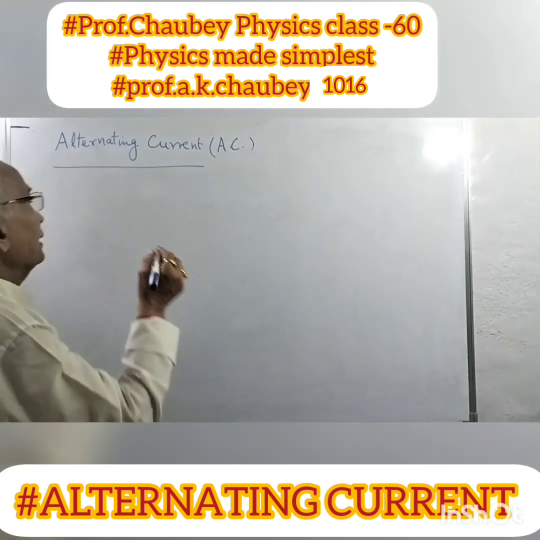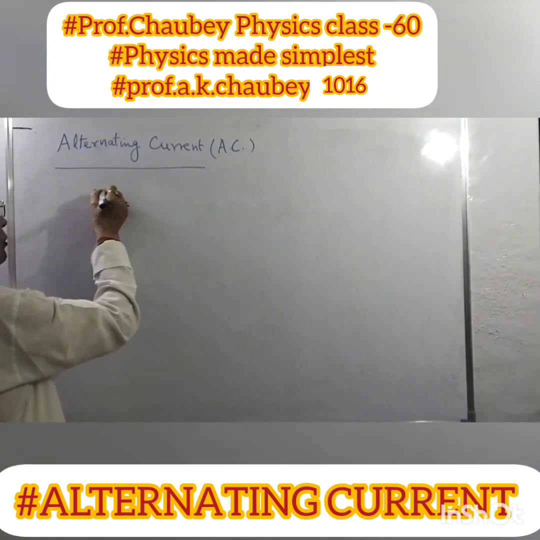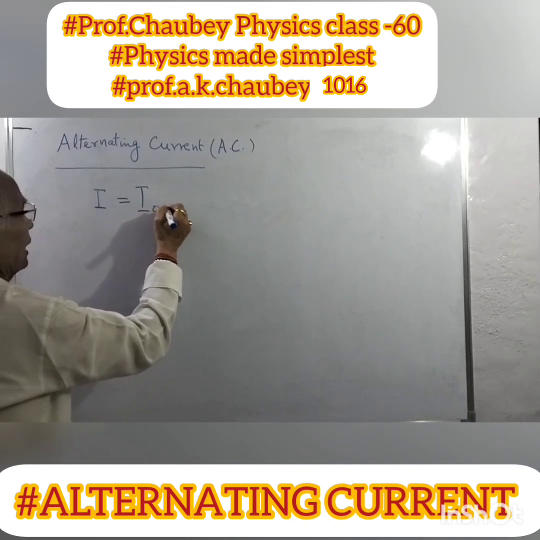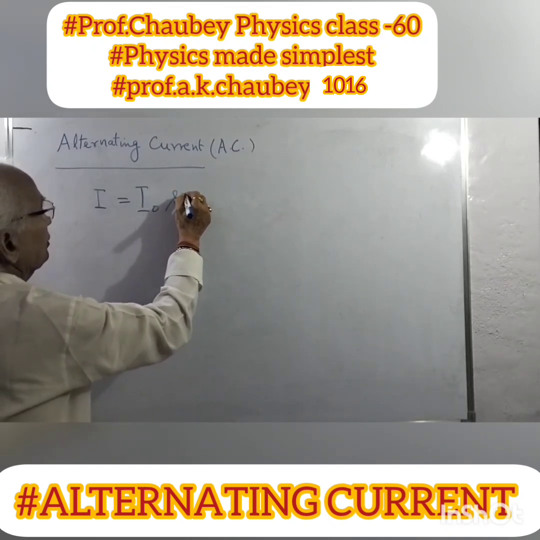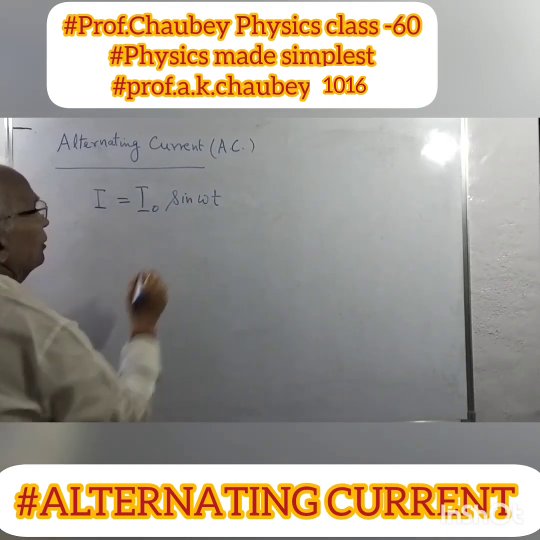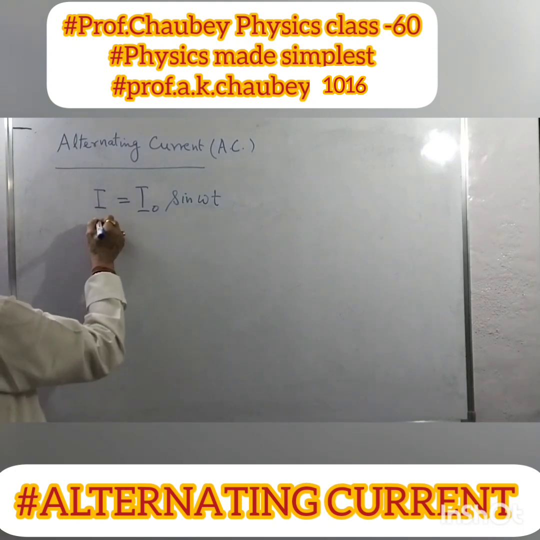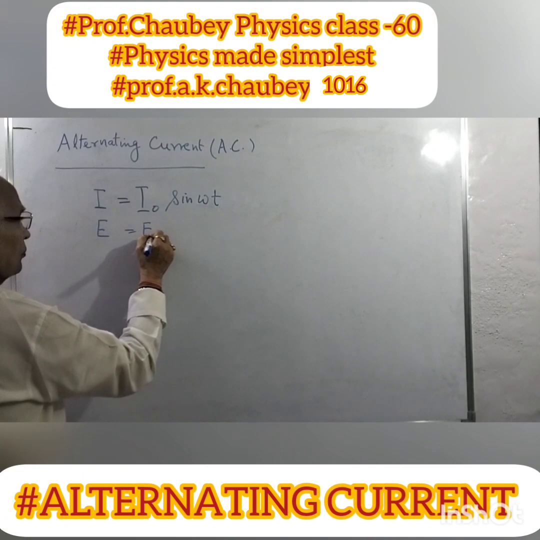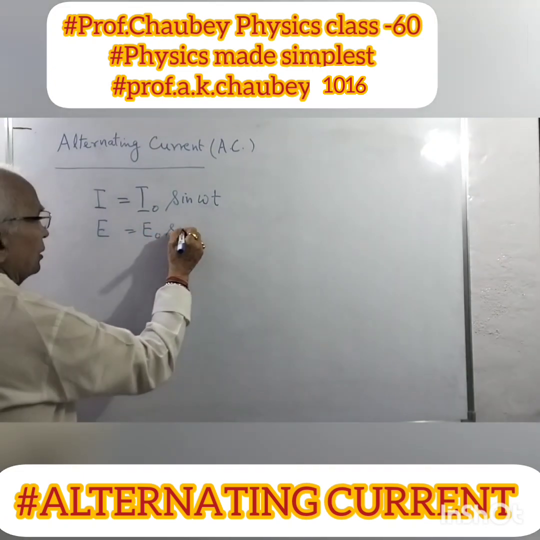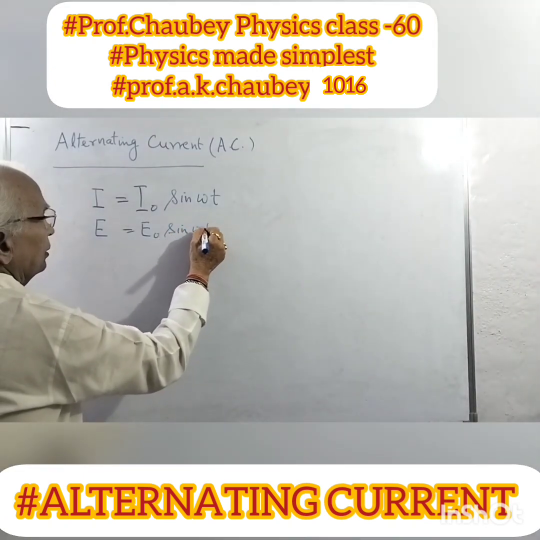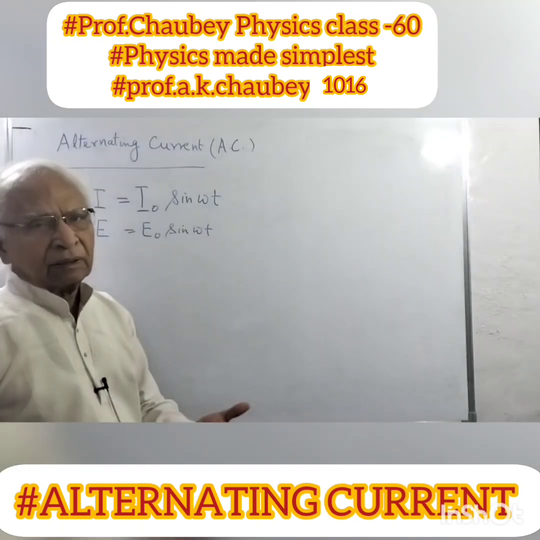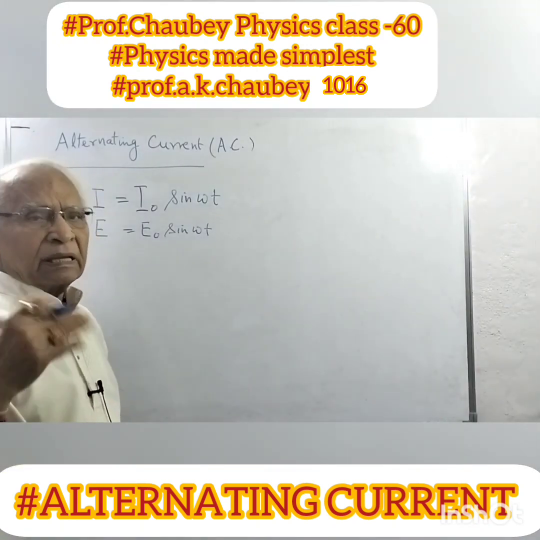Means we can write the current I is equal to I naught sine omega t, and for the EMF or potential, E is equal to E naught sine omega t. Well, it can be cos omega t also, because sine and cosine are the same thing, differing by some phase angle.